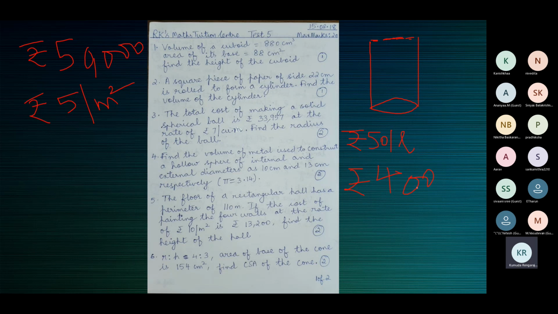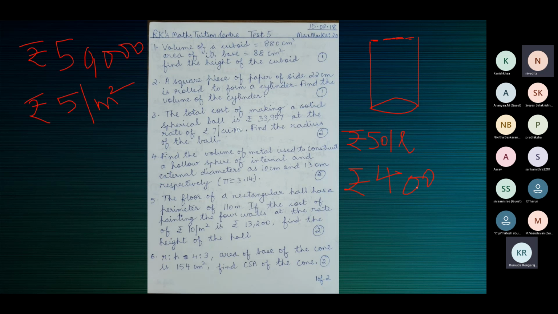So that how many liters tells you the capacity of the container in liters. 1 liter, 50 rupees. For how many liters do you spend 400 rupees? So it will give the volume, it will give the capacity of the container.